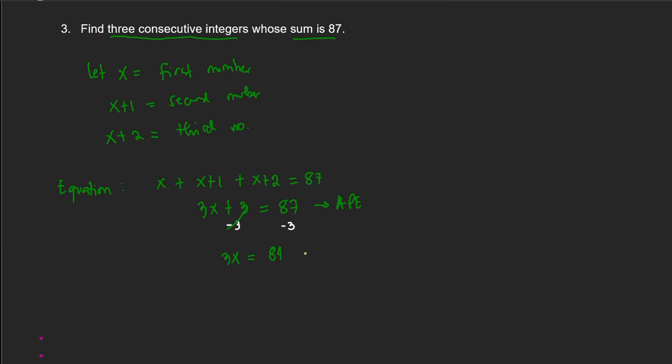Okay. Now in this part, apply again the MPE. You divide both sides by 3. Then you cancel out. X na lang matira. So 84 divided by 3, that will be equal to 28. So yung x natin or the first number natin dito will be 28.